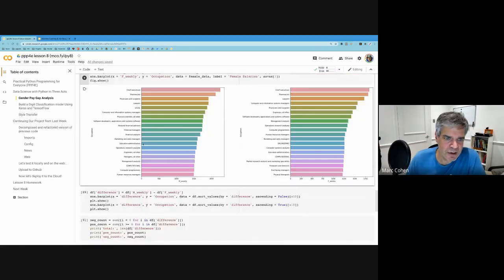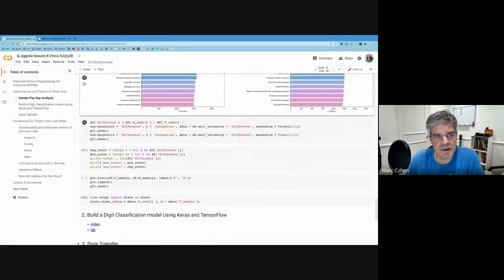Okay. So what I'd really like to do is to compare these 2 and have one graph that would help me understand what the differences are. So in Pandas, it's as easy as saying, make a new column in this data frame called difference and set that equal to this column, M weekly, minus this column, F weekly.